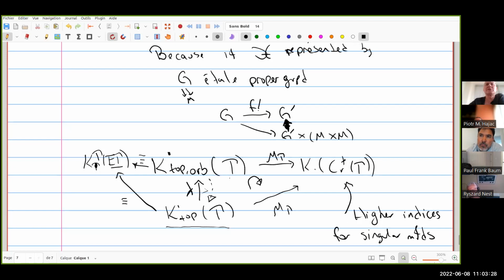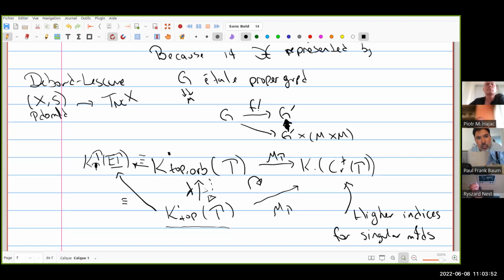Are you using some desingularization to achieve this? Yes, this is in fact by Debord and Lescure. They define, for X a stratified pseudo-manifold, so this is a very singular object, a non-commutative Lie groupoid, which from the K-theoretical point of view is the tangent, because it has the duality.